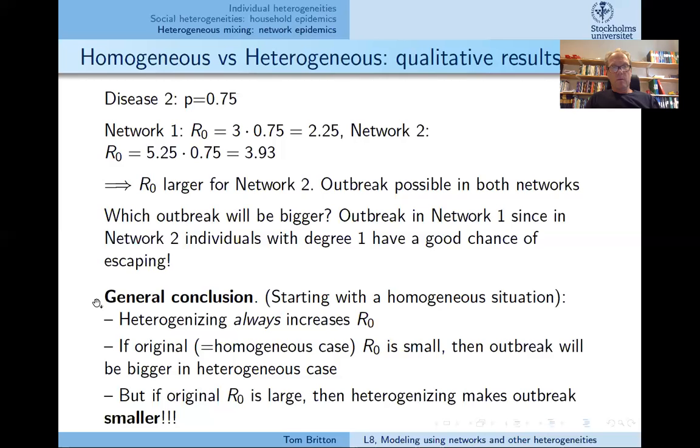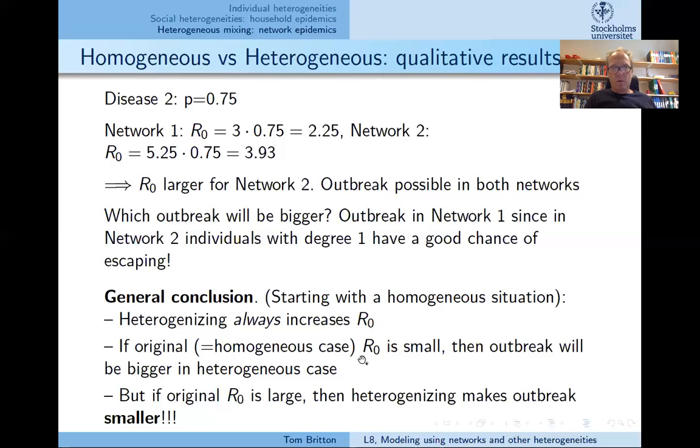So the general conclusion, which holds for a wide range of different types of heterogeneities: if you think of starting in a more homogeneous situation and then heterogenizing in some way, nearly always this has the effect that you increase R0. The original model could be homogeneous, but it could also be heterogeneous, where you have added one more heterogeneity.